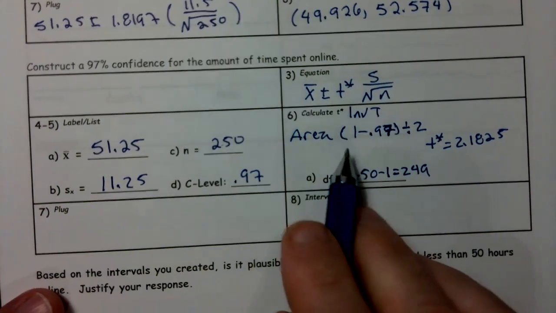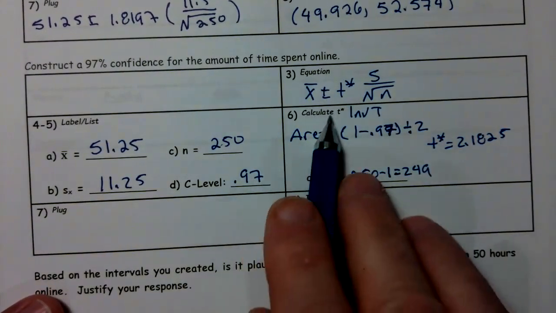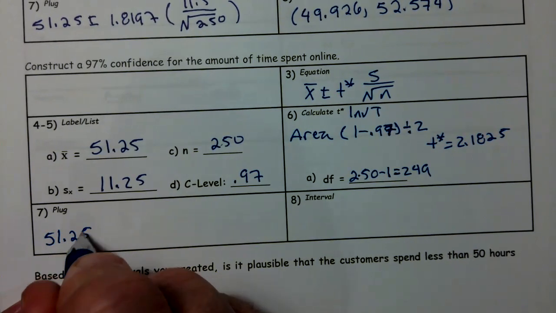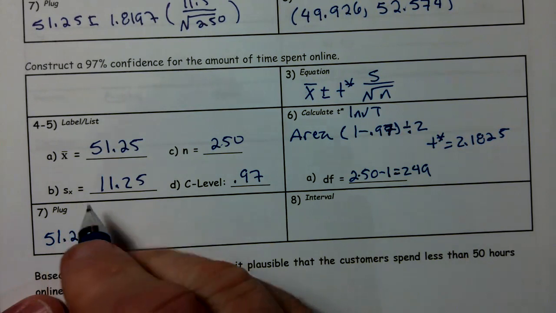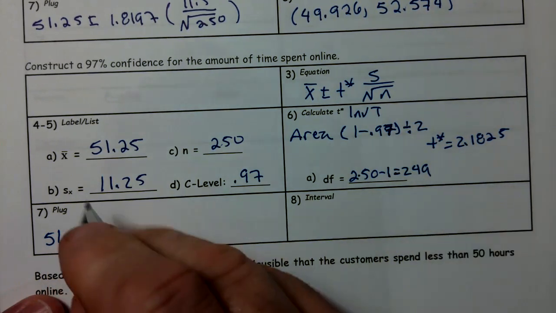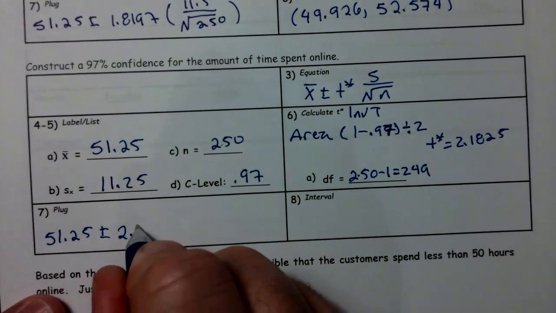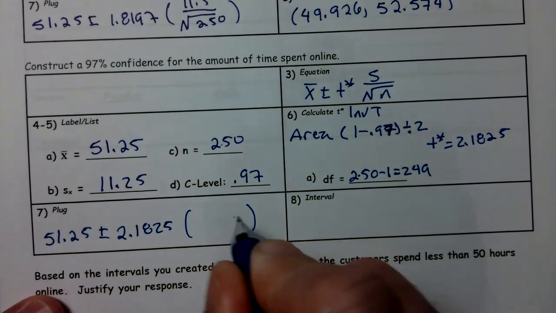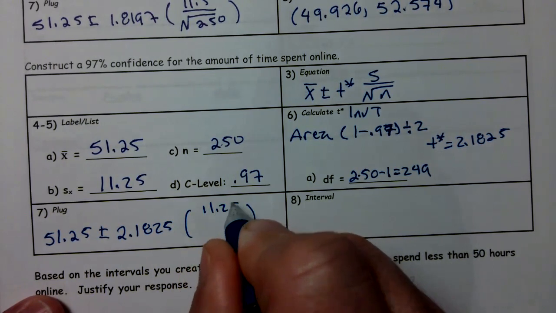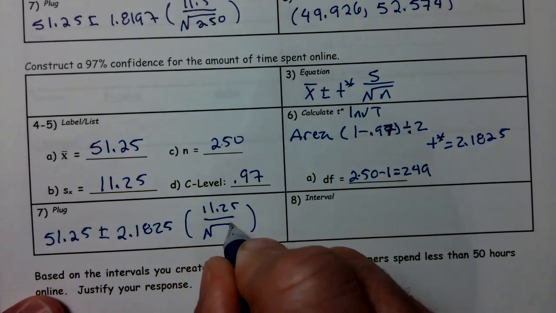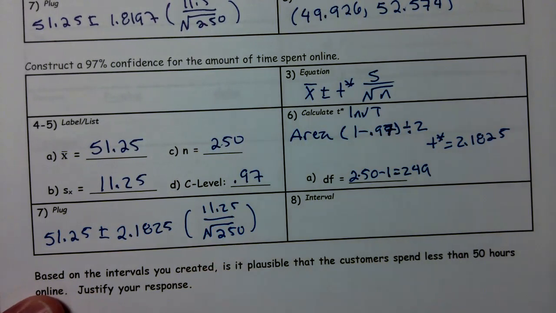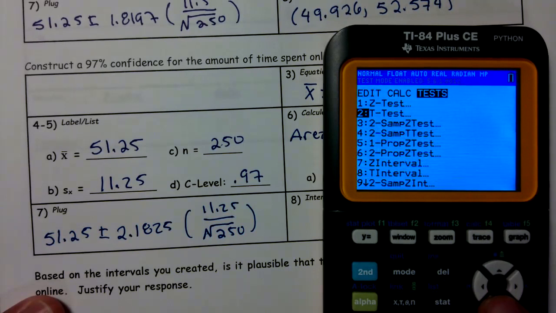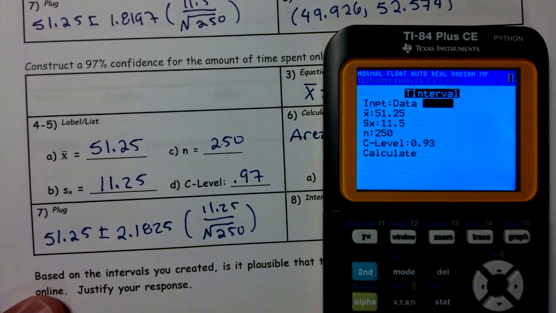When we go to plug it in, we have an x bar of 51.25, plus or minus our t value, the number of standard deviations, 2.1825 times 11.5 over the square root of 250. And for our interval, stat, test, drop down to number 8, which is t interval.